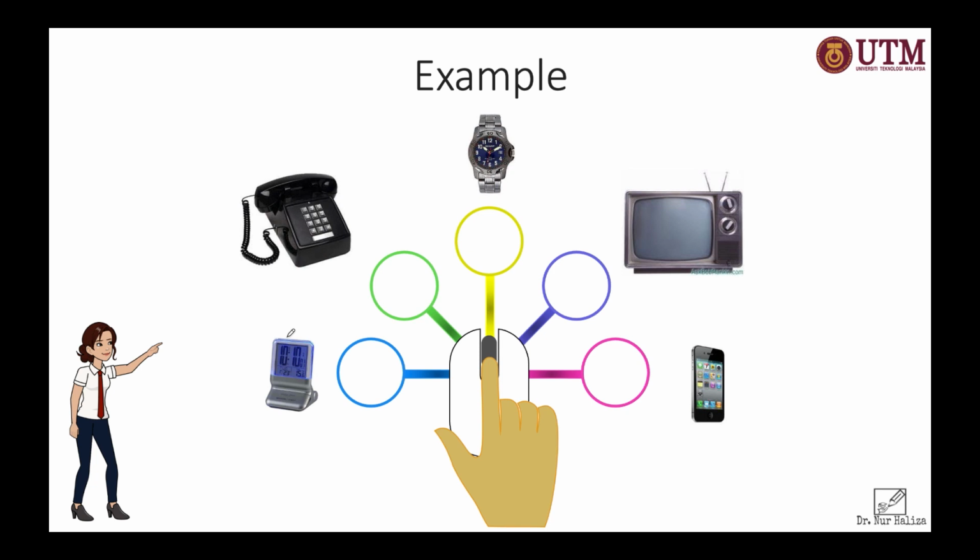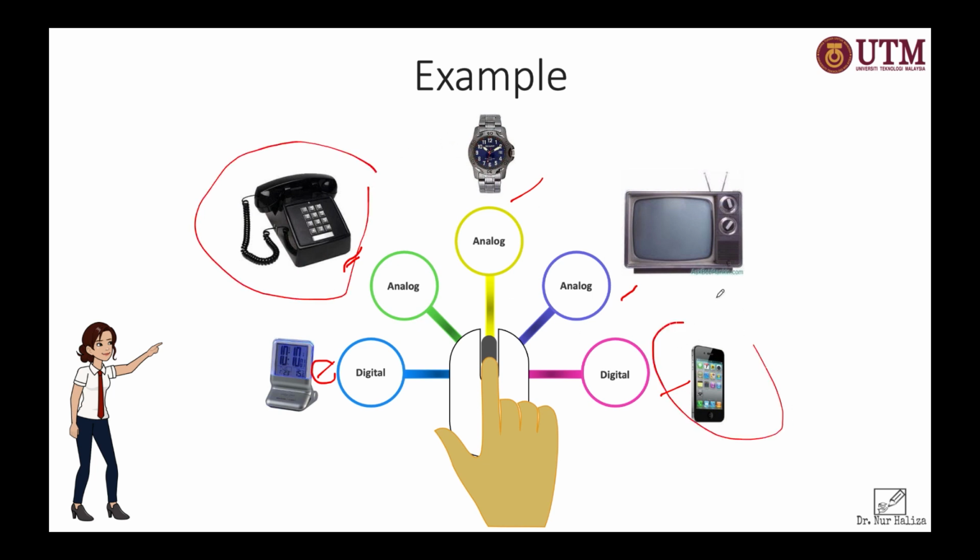I hope that you already understand and you can differentiate which is analog and which is digital. So over here you can see that this clock is analog, this phone, this clock is digital, this one is analog, and then this watch is analog, this television is analog, and this phone is digital. You can see over here you have this phone, but basically it is different.